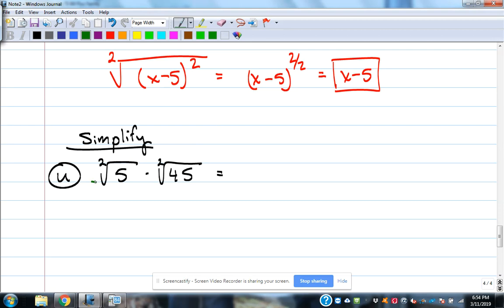So there's a 1 out here in the front. If there were other numbers there, you would multiply them together. 1 times 1 is 1. And then I'm going to have a square root of inside times inside, 5 times 45, which is 225.